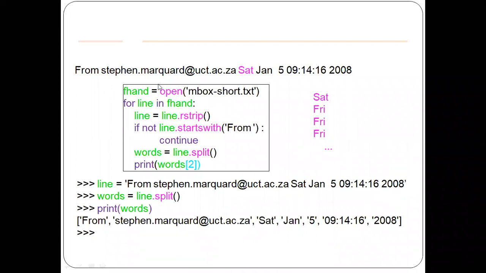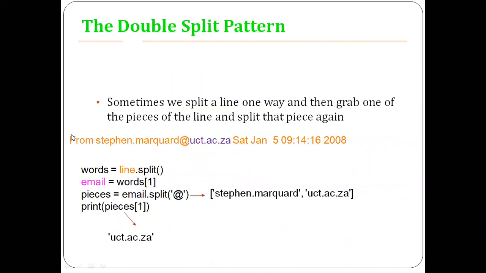From this one line, you can split it into multiple words and print it on the terminal. And a split line or a split word can again be split into multiple words. You can split a word which has already been split, using words is equal to line. So in the first line we split into multiple words, and we take one word from that, the one at an index of one, and we again split it.